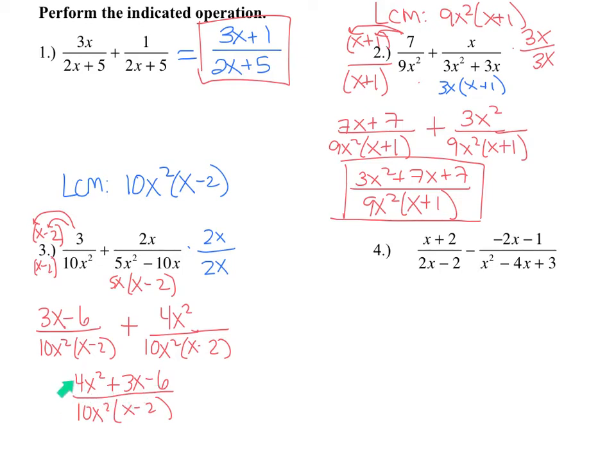Your product would be negative 24, and you've got to add to 3. Well, to multiply to 24, we could do 24 and 1. We need negative 24, so one of them would have to be negative. So we could either get positive 23 or negative 23.